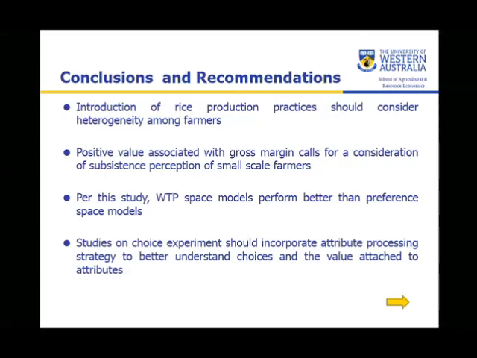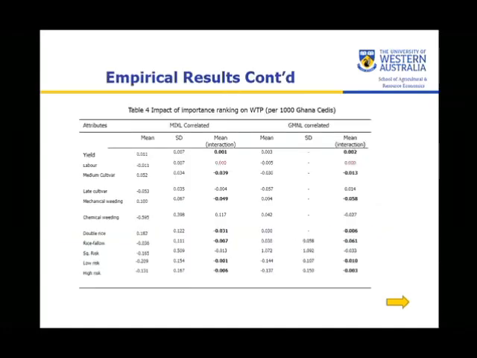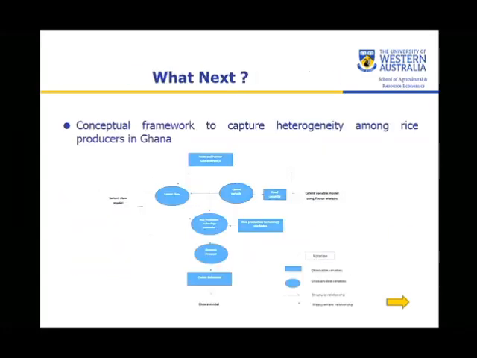Do all farmers prefer labor or gross margin? There could be a way of some categorization among these farmers, with some farmers wanting maybe yield and not gross margin, or they would want both yield and gross margin. And so this is one of the issues that we intend to address next.